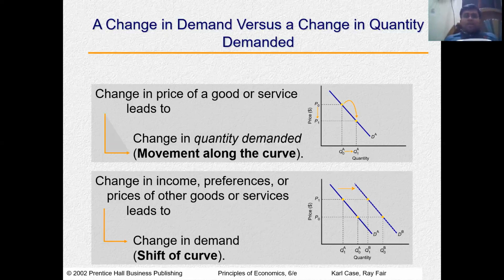In the other case, if there is a change in quantity demanded due to other factors rather than price, then the demand curve shifts upward or downward. If it shifts upward, then we call it increase in demand. And if it shifts downward, then we call it decrease in demand.